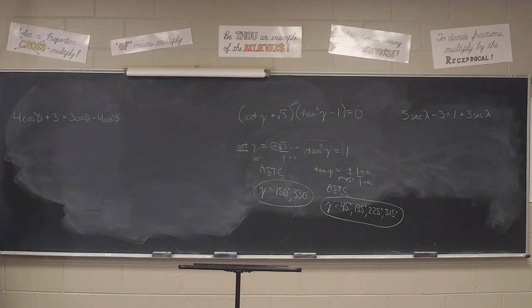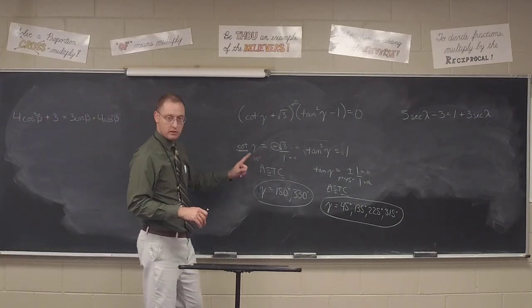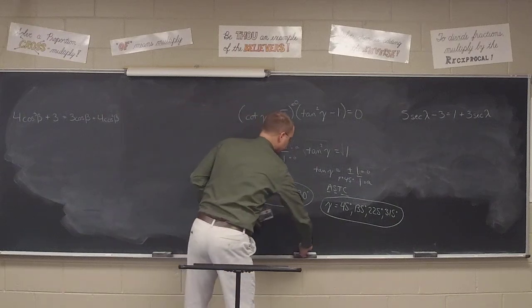How many had those? All right, Ethan, good questions from the rest of us. Just on the first one, I said 210 instead of 330. Okay, all right, questions on these? Go to the next one.